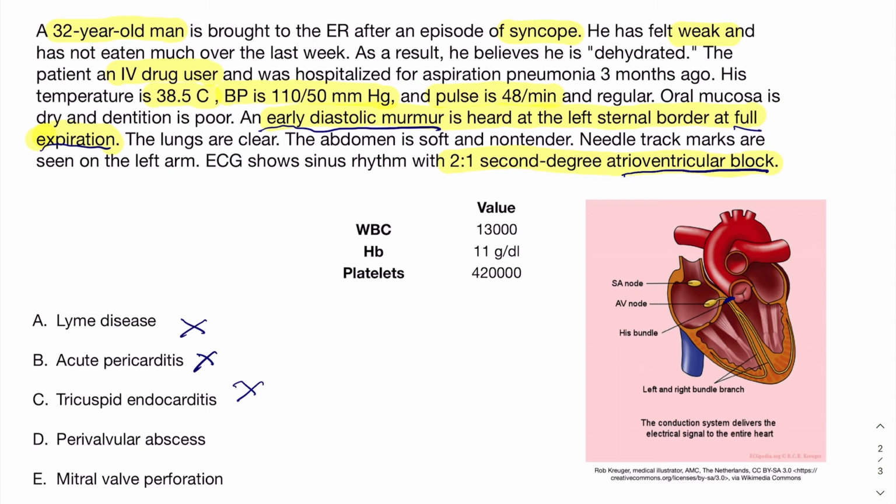Syncope, weakness, IV drug user, fever, right? And the blood pressure again is also an important point. When I asked you, you pointed out that the diastolic is low and the systolic is normal, so we have a high pulse pressure.